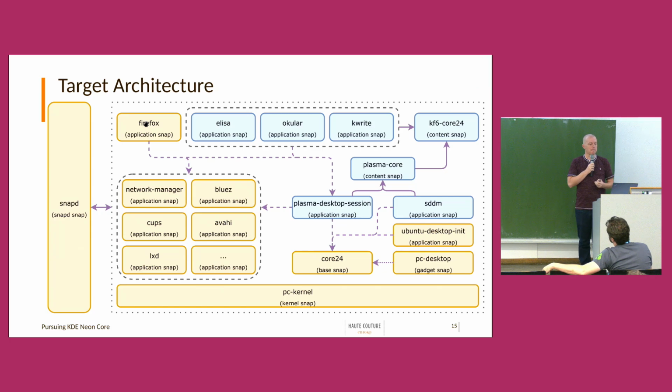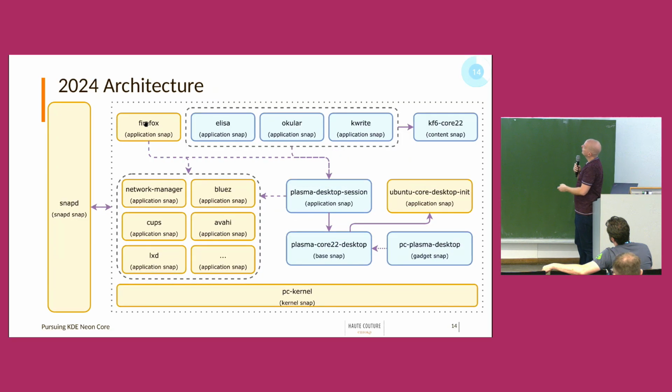So we wanted to move everything out of the base snap, basically, okay? So that we could reuse the regular core base snap. That's the intent. Because we wanted to do this, that meant that the Plasma desktop session, if you look at before, it was getting all its binaries from the base snap.